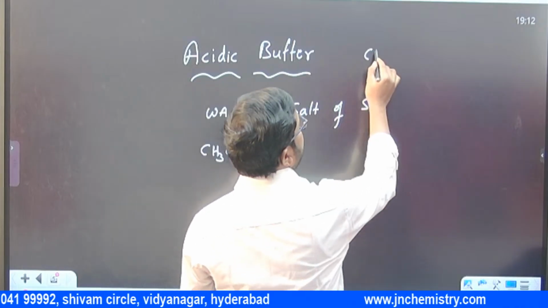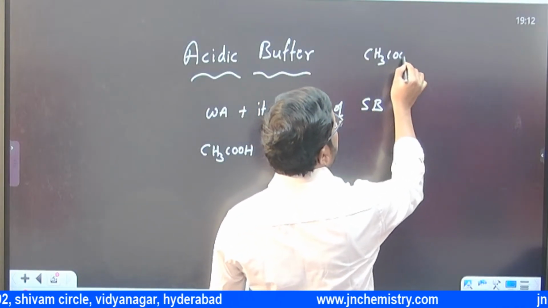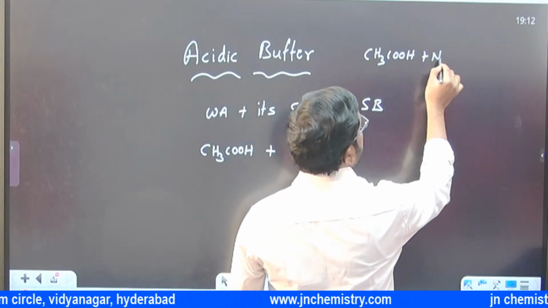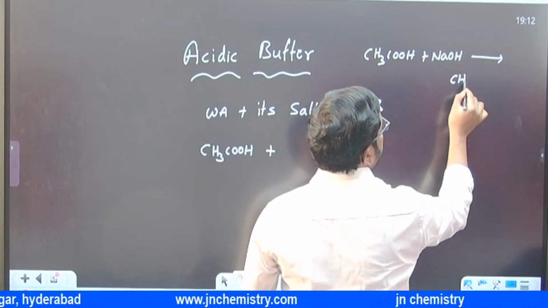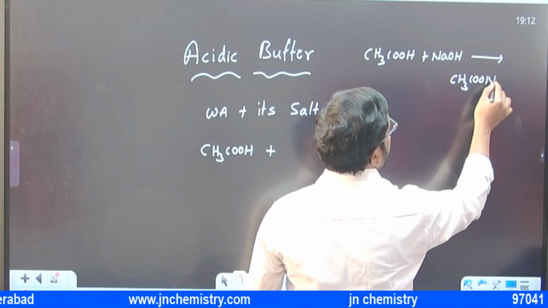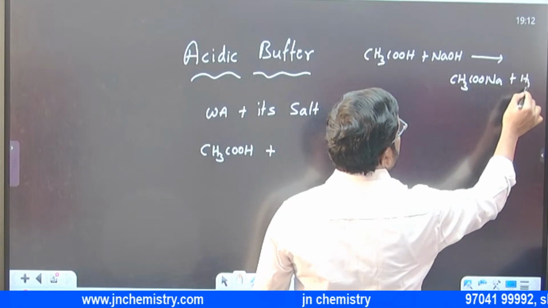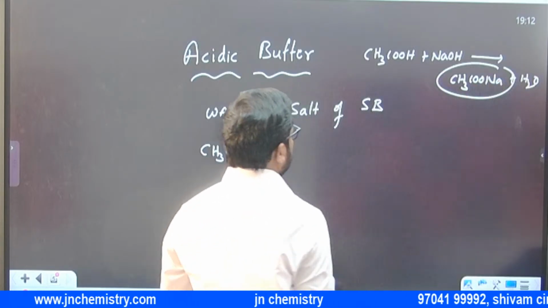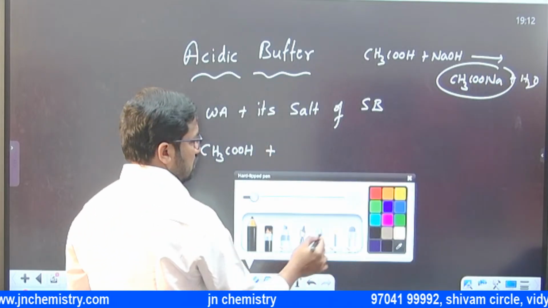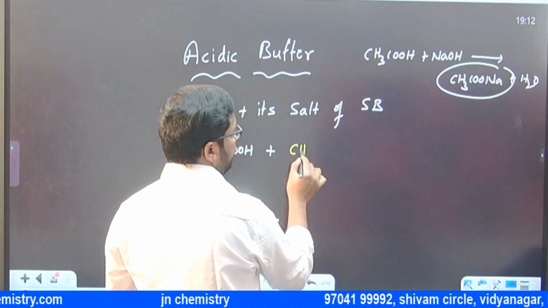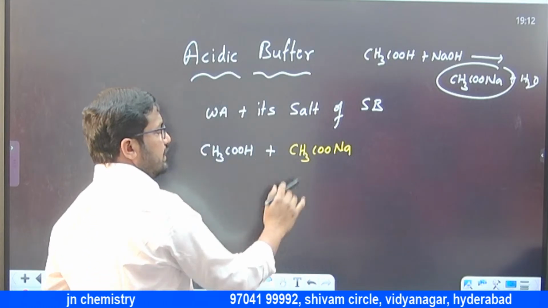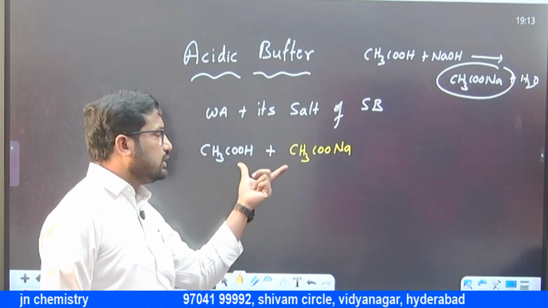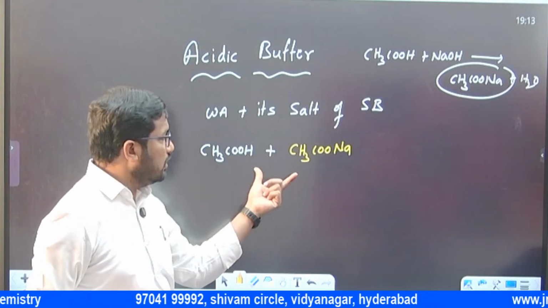So weak acid with strong base, for example, NaOH, right? We'll get CH3COONa. This is salt. Weak acid and its salt of strong base. This combination I already told you in the beginning, right?